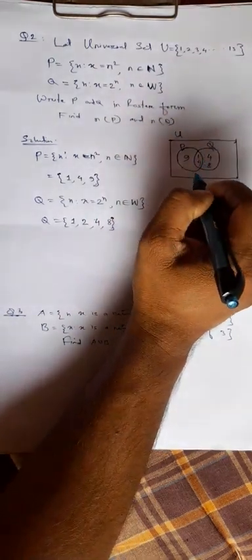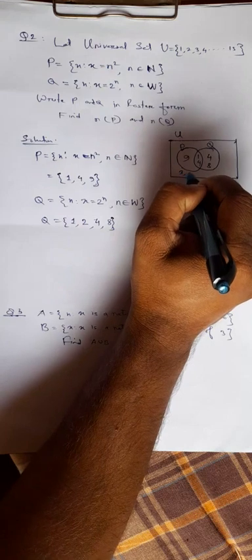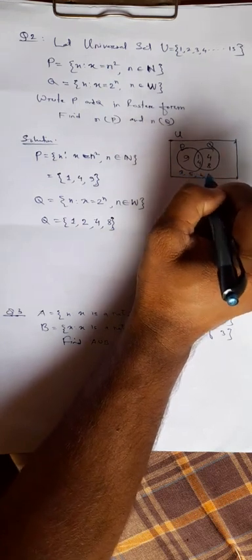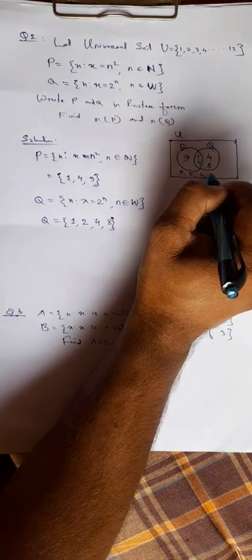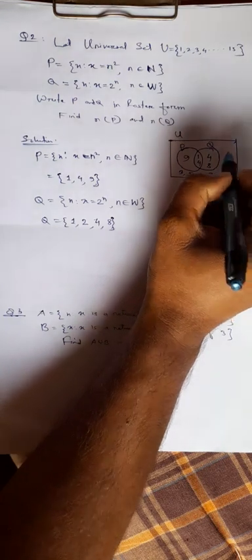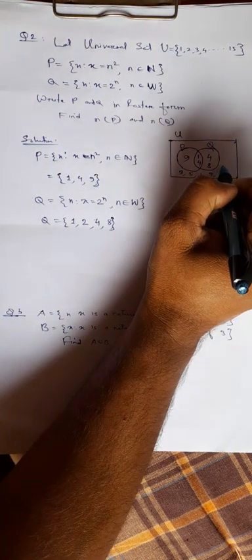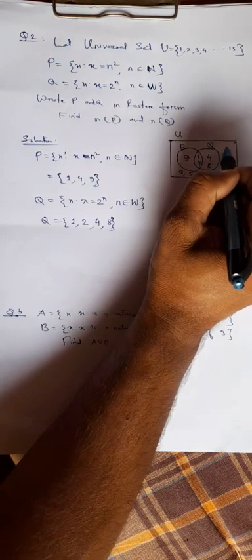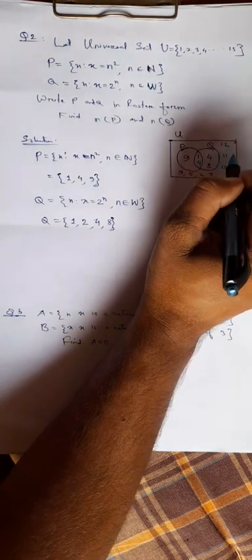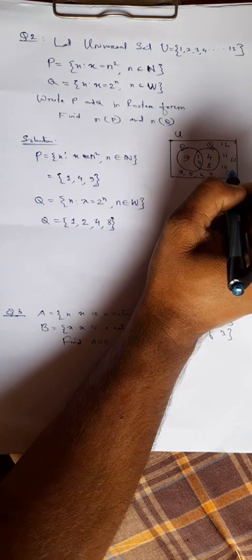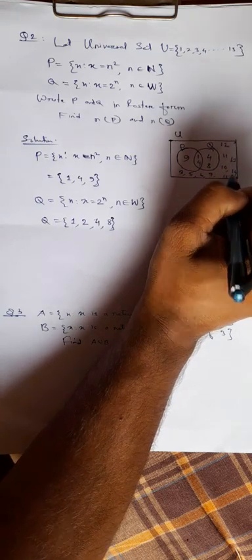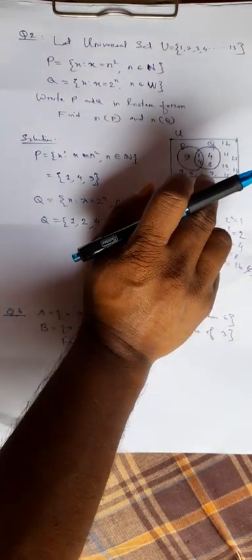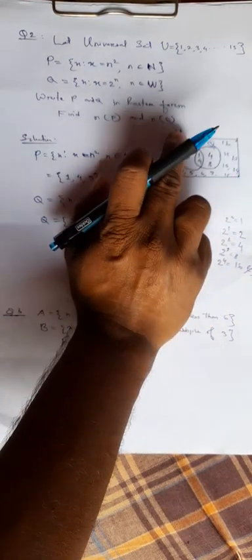You see elements 3, 5, 6, then 7, then 10, 11, 12, 13, 14, 15. These are elements of U but not elements of P and Q.